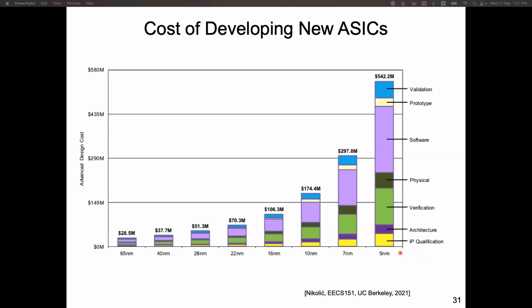But to verify it still costs designers time and effort. Prototyping, validation, so on. So basically, this chart says that the design cost increases exponentially for new ASICs.